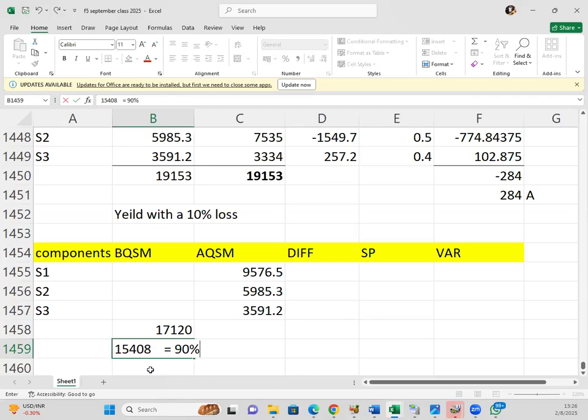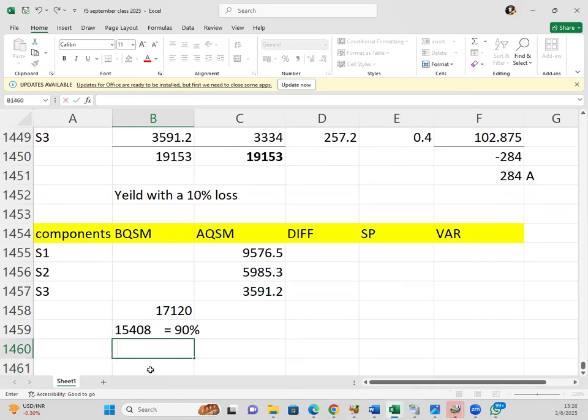So what is 100% then? Using proportion, 90 is equal to this, so 100% would be more. You'd say 100 over 90 times 15,408. So it will still give you this answer.